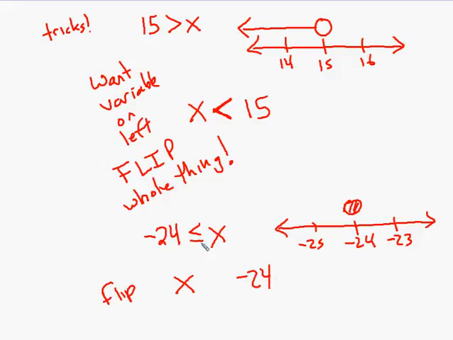It's pointing towards the negative 24, so it needs to still point to the negative 24. And I go to the left. Oh, wait. No, I go to the right. Because it's bigger. Because it's greater than. Straight up simple math. Come on.